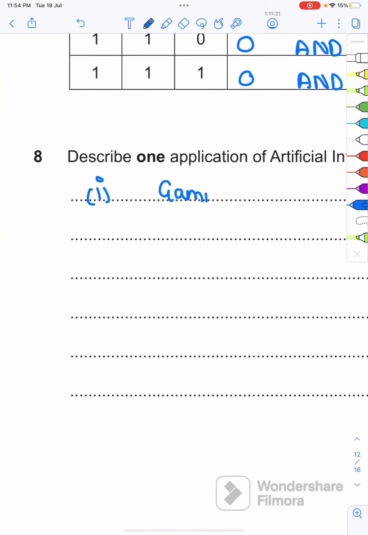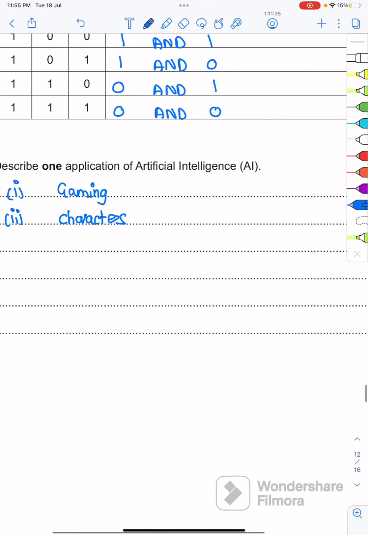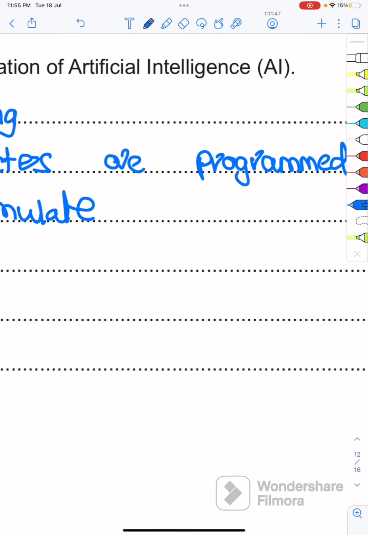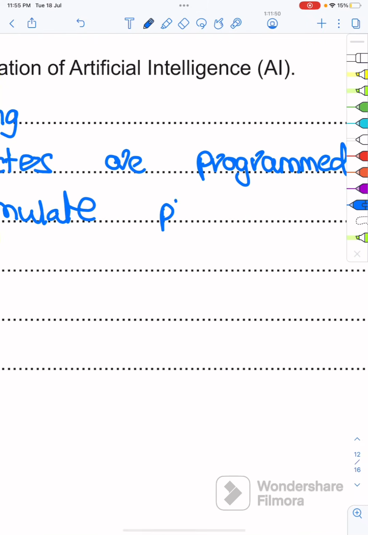So in gaming, characters in a video game are programmed to emulate players' actions.